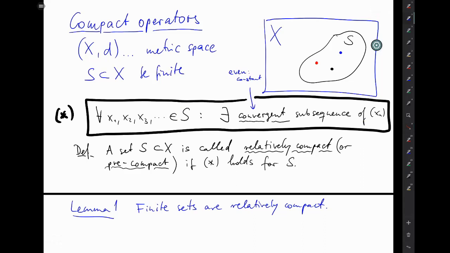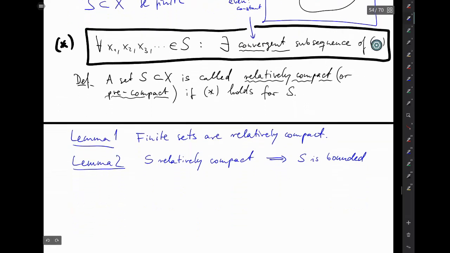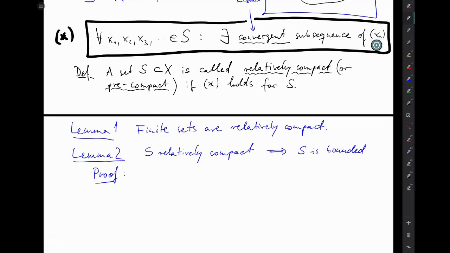Okay, and here's already a next little lemma. Relatively compact sets are always bounded. Well, that's clearly a bit more interesting than the previous lemma. Let's give it a little thought. So if S is relatively compact, then every sequence of elements from S has a convergent subsequence.